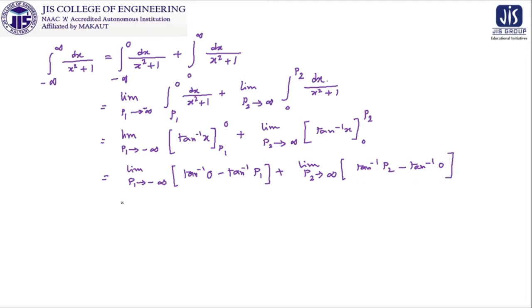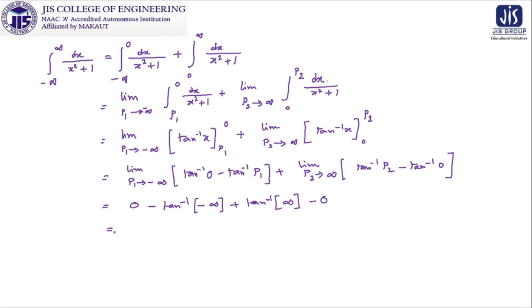It is very simple and step by step, no step jump is performed for the first problem. Now tan inverse 0, then minus tan inverse minus infinity, then plus tan inverse plus infinity, then minus 0.